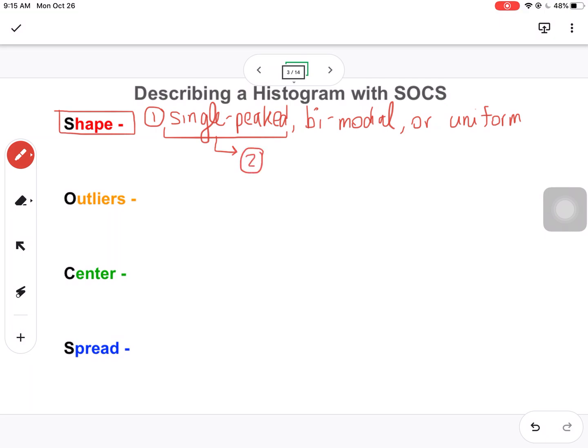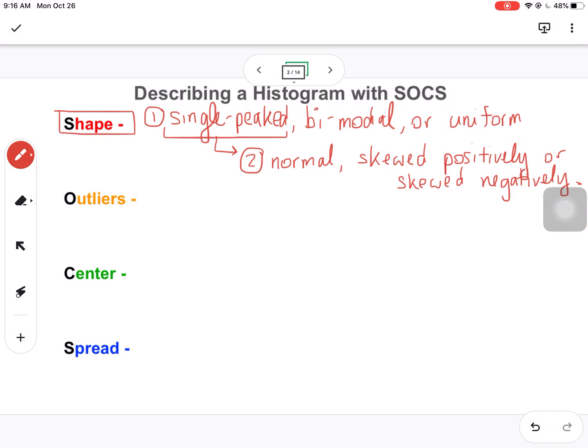After you figure out it's single peaked, you have to decide if it is normal, if it's skewed positively, or if it's skewed negatively. And I'll teach you a trick I just learned as well on how to be able to tell if it's skewed positive or negative.